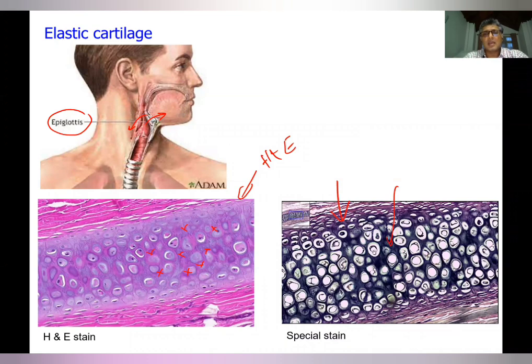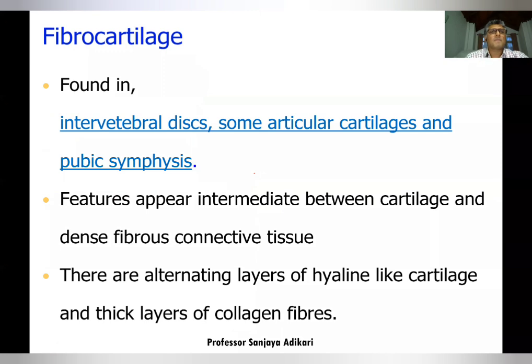You can have a silver stain, or a stain called Verhoeff's stain. You don't have to know this. These are used to stain elastic fibers, and then you can recognize elastic cartilage. H&E is not a good stain to identify it, even though it's very clearly seen here. I think I got it from a different place. Might not be H&E.